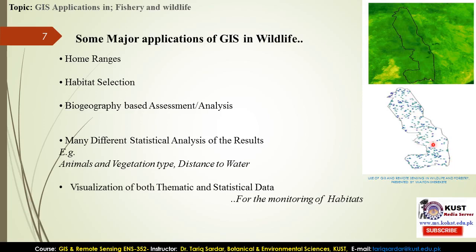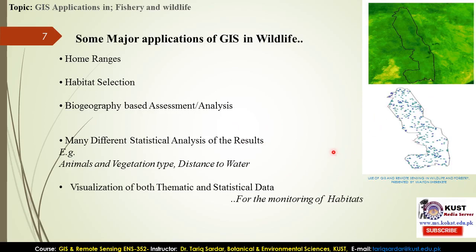Distance to water, as I mentioned, can also be analyzed. Visualization of both thematic and statistical data can be done because GIS technology is well suited for the monitoring of habitats. That can be justified by all these examples I mentioned, the basic wildlife habitat or biogeography based analysis.